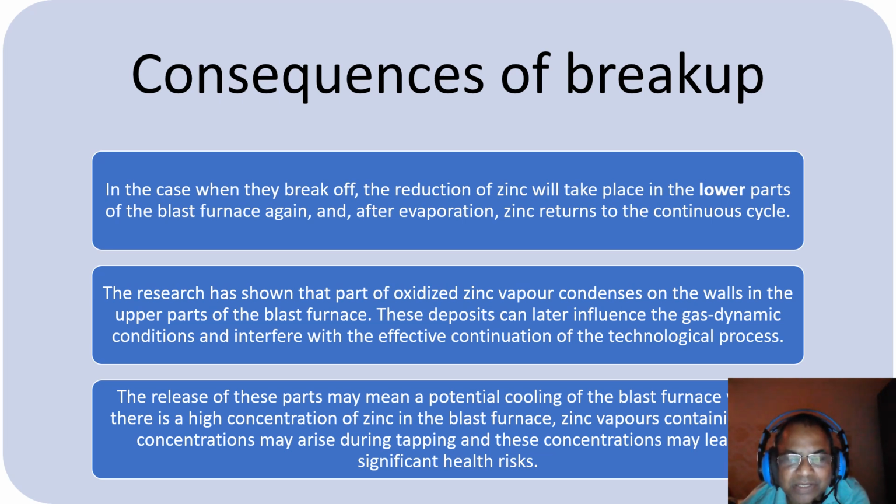So in this way, we can see that a lot of imbalance of the thermal cycle occurs, and this also tries to create a process upset as far as the thermal stability of the blast furnace is concerned.